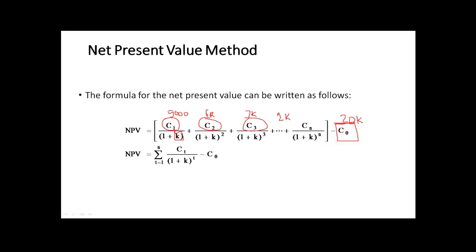Looking at this, you can see that I have invested 20K, and if I add this 5K plus 6K plus 7K plus 2K, it comes to 20. And suppose in the final year I'm getting another 1K, so it comes to 21,000.